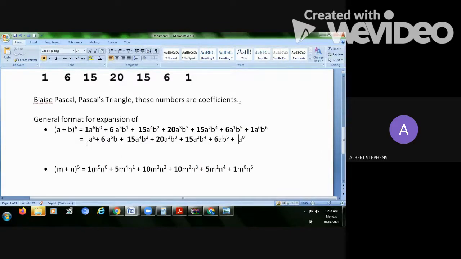So basically, this is what it would be. Here, the a to the 0 power is 1. So if you simplify this thing here, in a simplified way, this is how it would look. All right? Yes, sir.